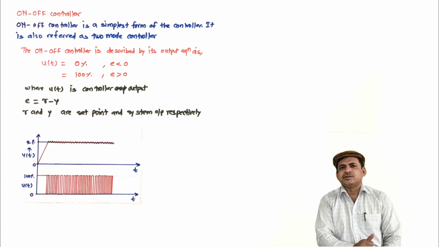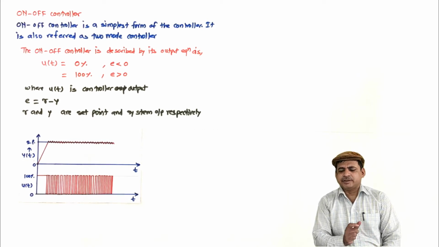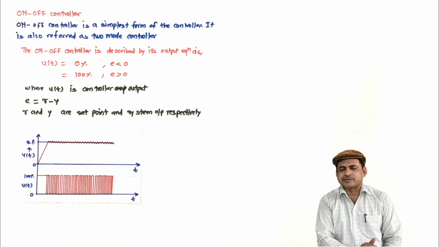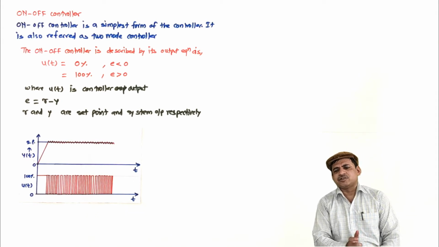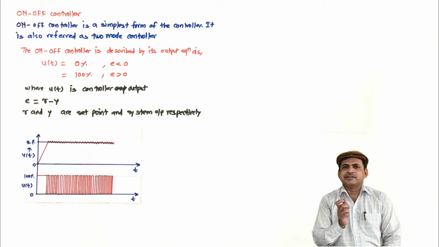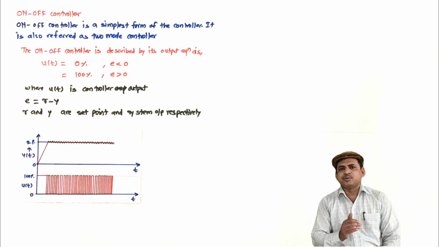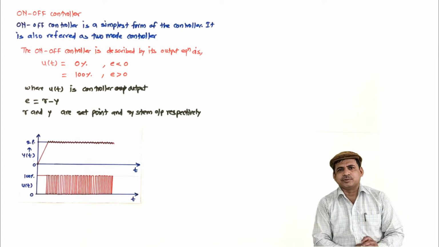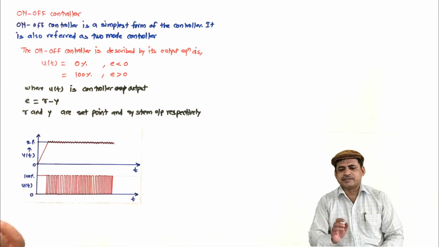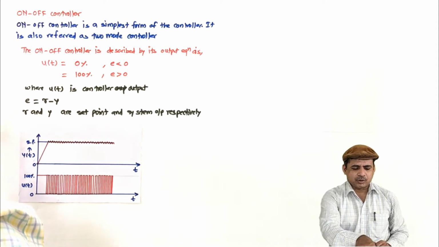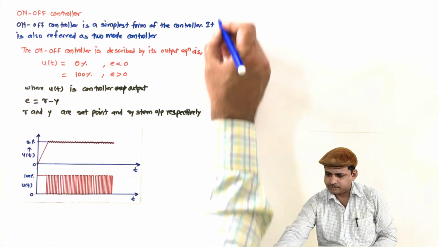They are reduced by introducing a dead zone in the controller characteristics, and that dead zone is also called the hysteresis zone or neutral zone, because whenever the output is in that zone, there is no change in the controller output. So let us now see the on-off controller with hysteresis. It is also called the on-off controller with dead zone.